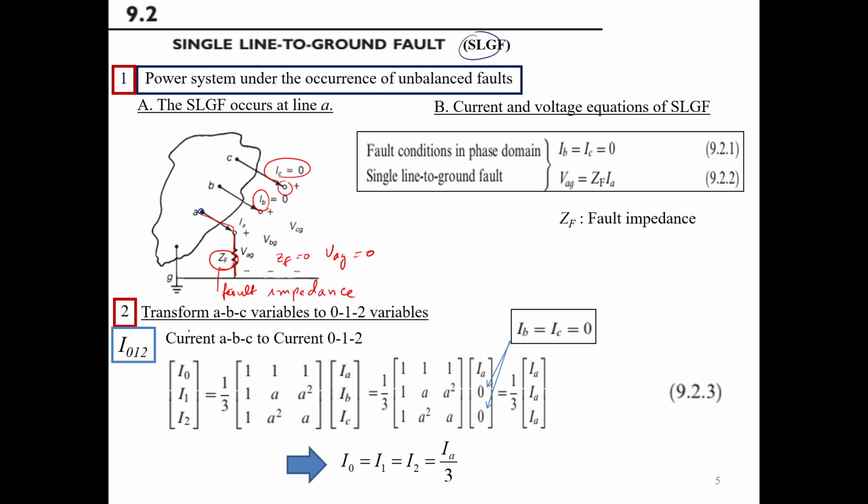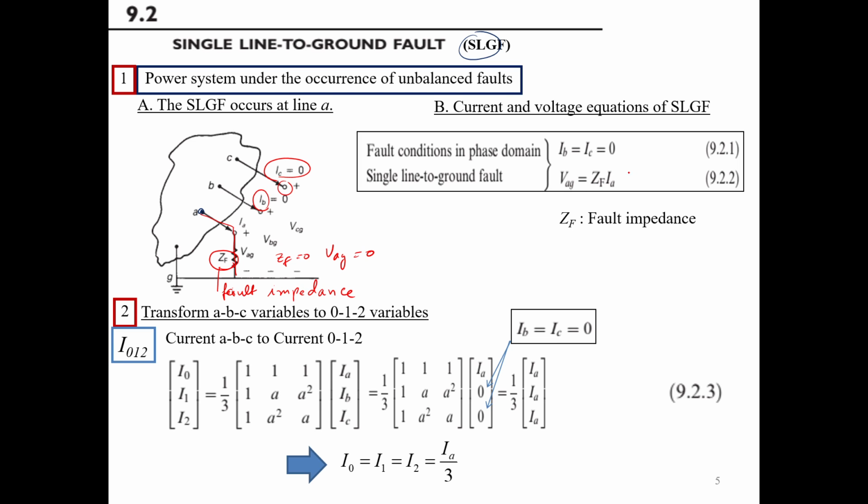So you can see that this is the current and voltage characteristic of single line to ground in the phase domain. These are the phase quantities. You see that IB and IC are zero because they are not connected to the ground, and the VAG is equal to CF times IA.